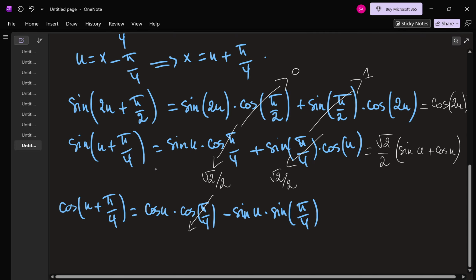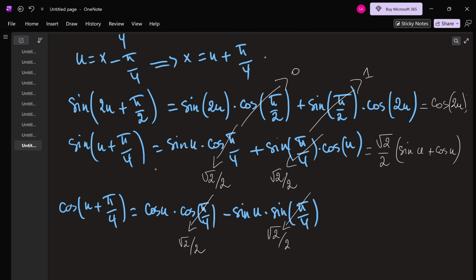This one is equal to the square root of 2 over 2, and this one is equal to the square root of 2 over 2. So by factoring out the square root of 2 over 2, we get cosine u minus, and then what remains is sine u.